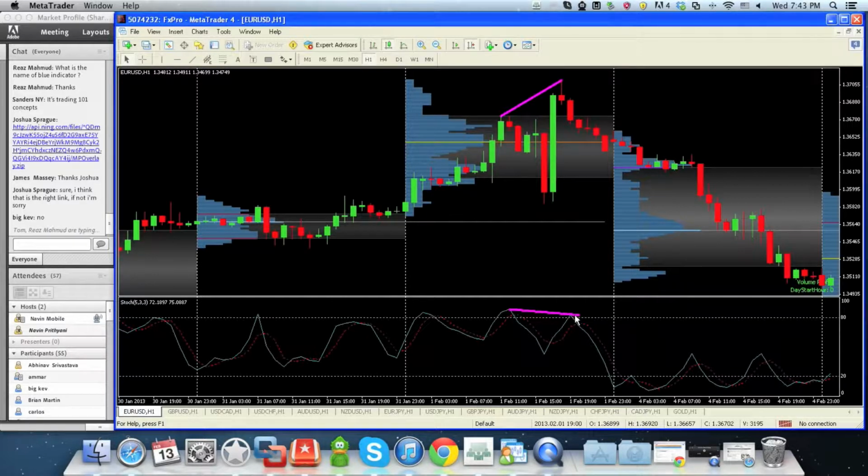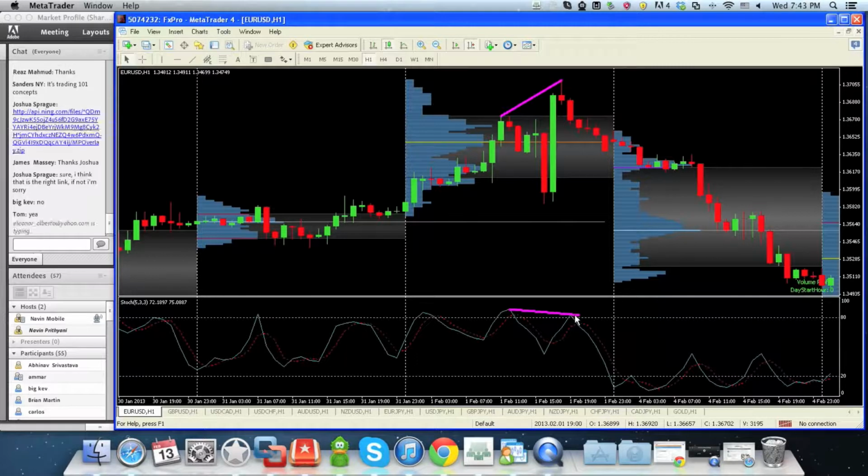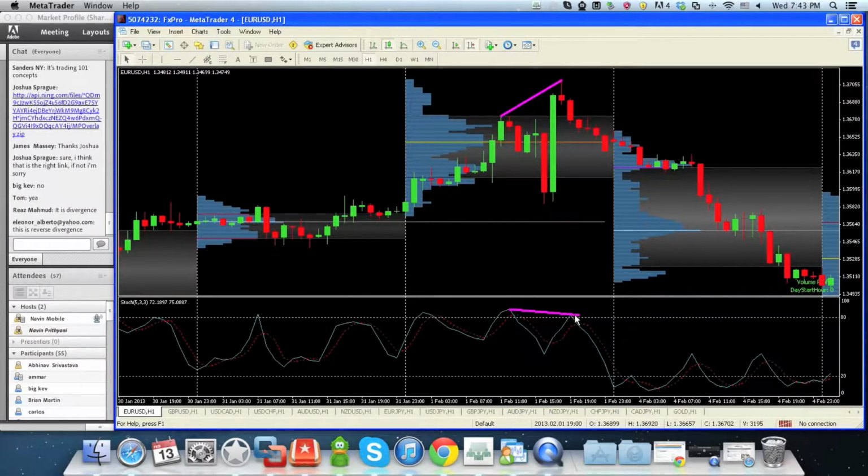When you have a scenario where the price is telling you one thing and the indicator is telling you the opposite, you have a shift in direction of the market. Which means the market, which was going long, is now going to turn around from that direction. So if you're checking out the longs, you're going to draw your highs.